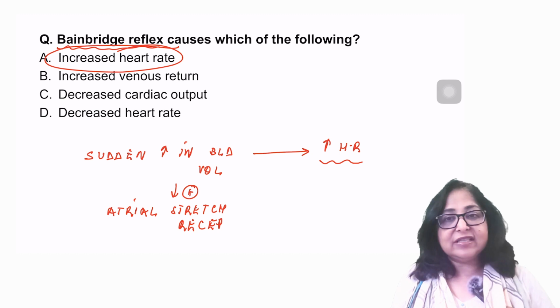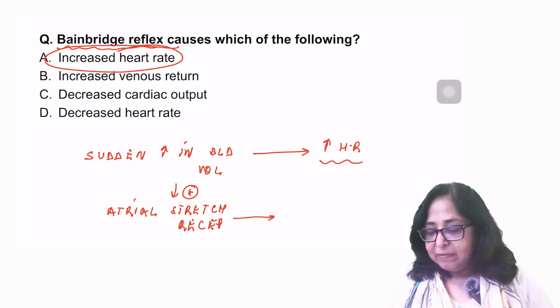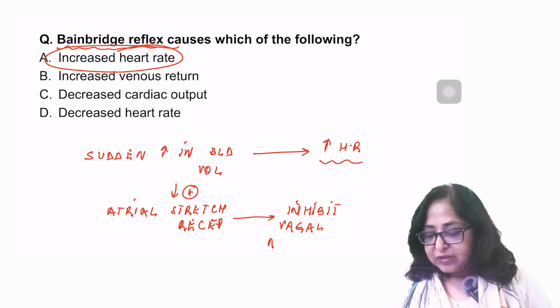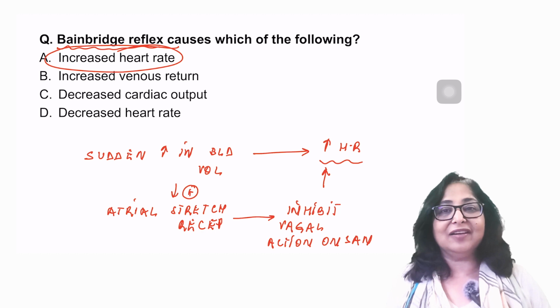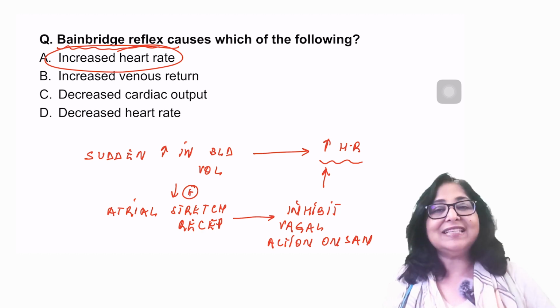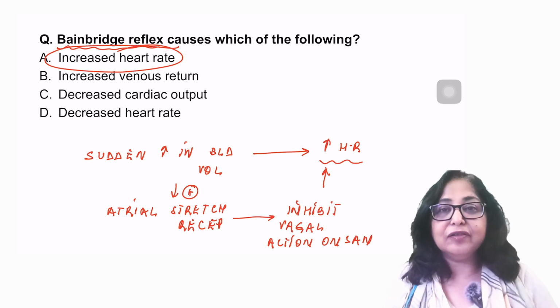Now, these atrial stretch receptors inhibit the vagal action on the SA node. And once they do that, what is going to be the effect on the heart rate? It increases the heart rate. So the response is an increased heart rate.